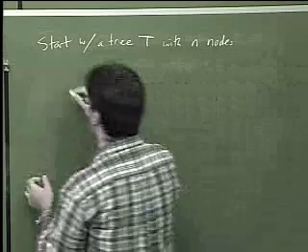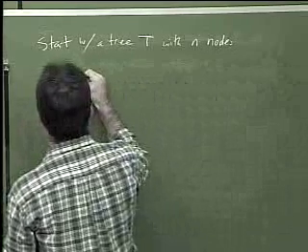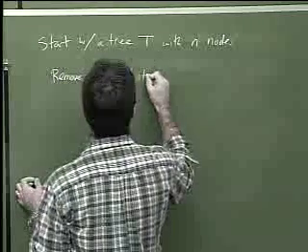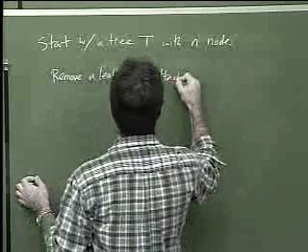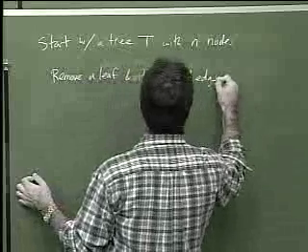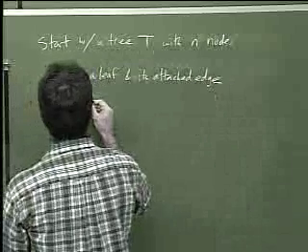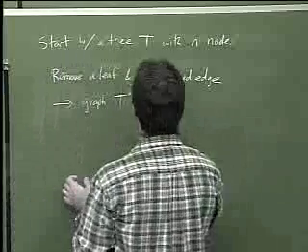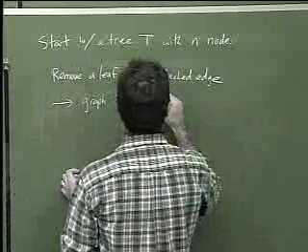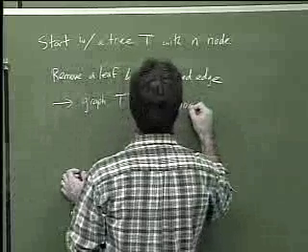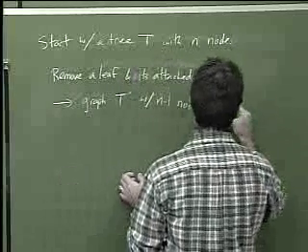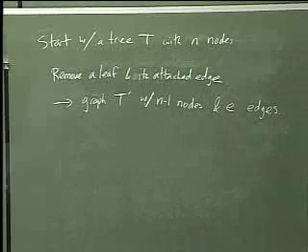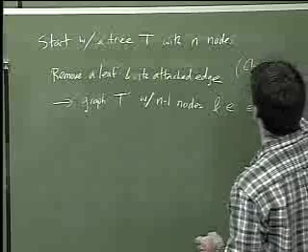Remove a leaf and its attached edge, which produces graph T prime with n minus 1 nodes, and let's just say E edges.